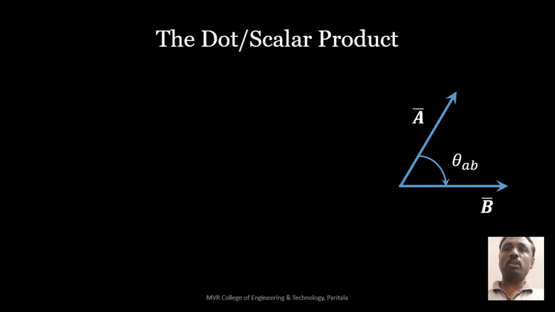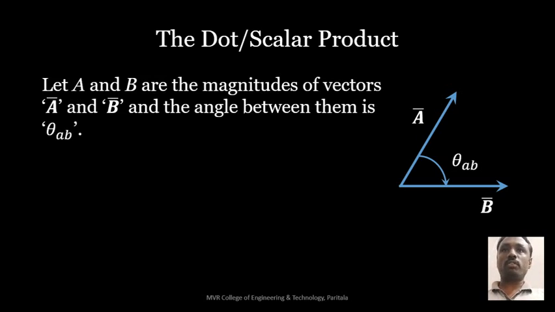Then how can we calculate the dot product? Here let A and B be the magnitudes of the vectors A and B, and the angle between them is theta AB. Then the dot product is exactly equal to the product of the magnitudes of vector A and vector B and the cosine of the angle lying between them.